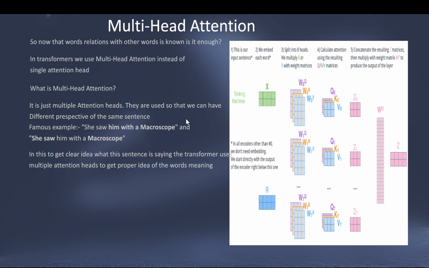To avoid that, we use multiple sets of QKV filters. So there will be multiple attention heads, and based on that we will get different kinds of QKV matrices. Based on that, we will get different embedded outputs, and then one final concatenated result of all this multi-headed attention.